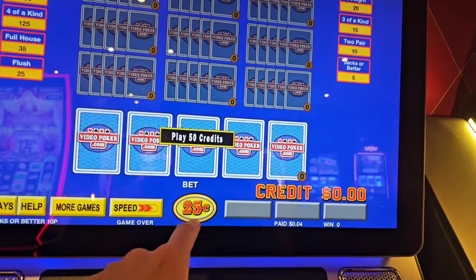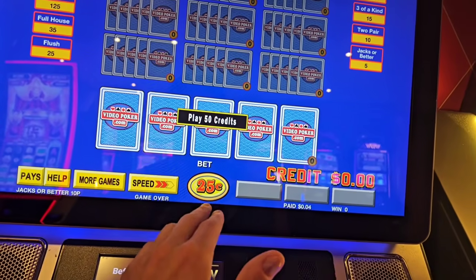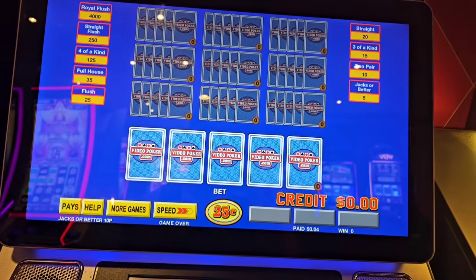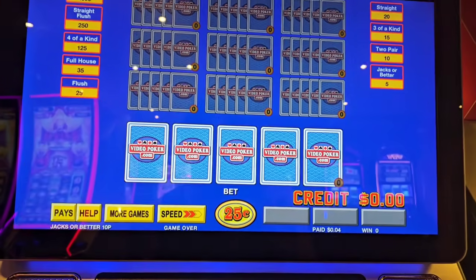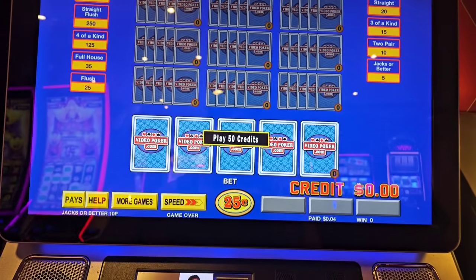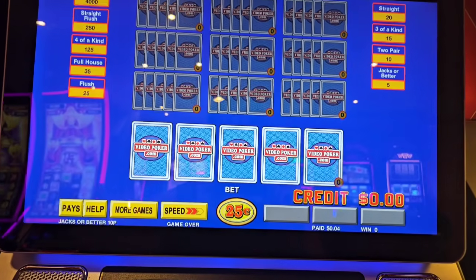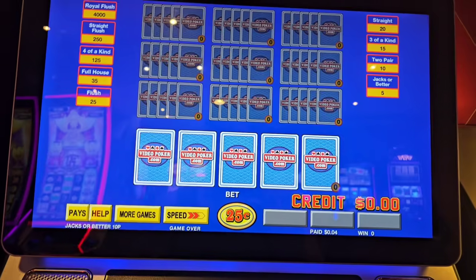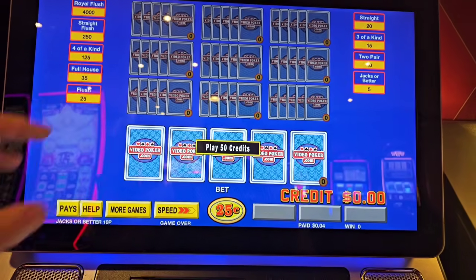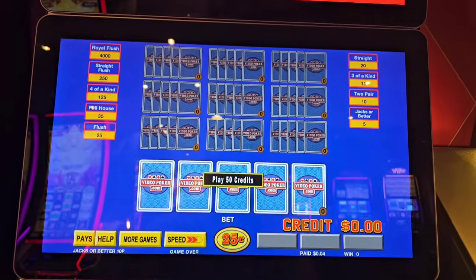So for instance, if you want to play max bet on 10 play, it's actually $12.50 a spin, which is obviously more than the $5 a spin we were saying, but if you were to play $12 or $15 a spin on single line, and you're paying the same amount on this, the volatility would be reduced by a ton.